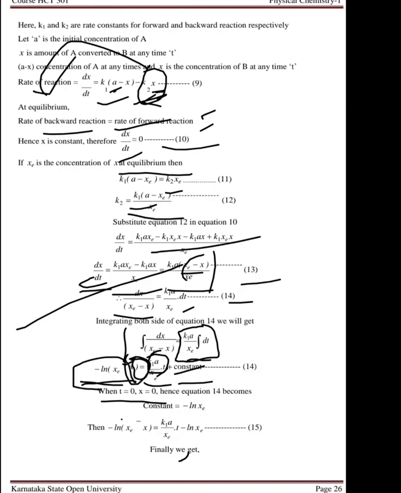Substituting this in the equation, minus ln of (xe minus x) is equal to K1 a by xe into t minus ln of xe.